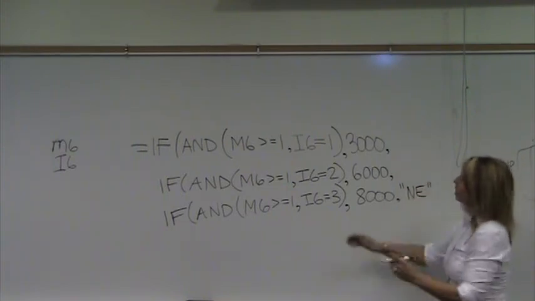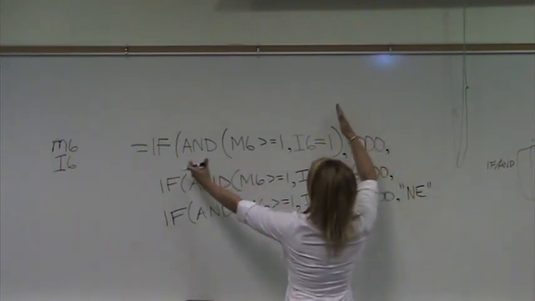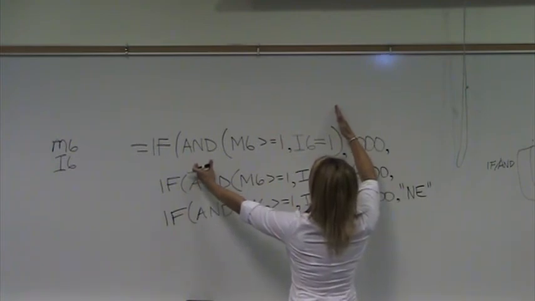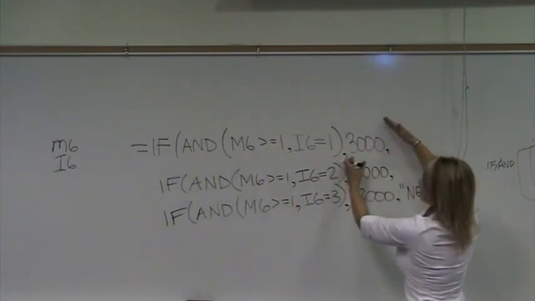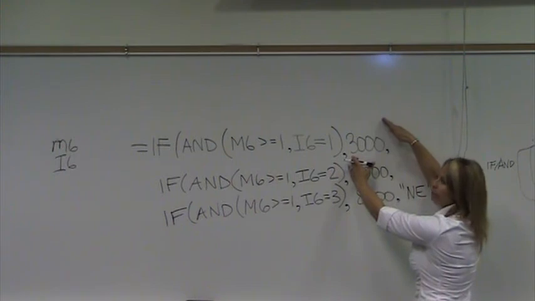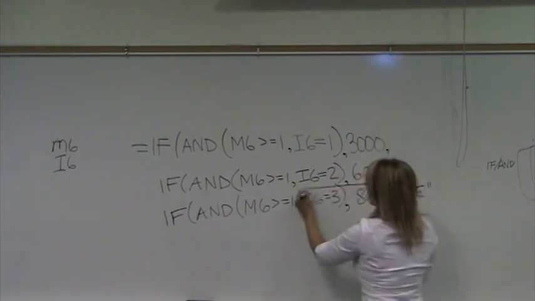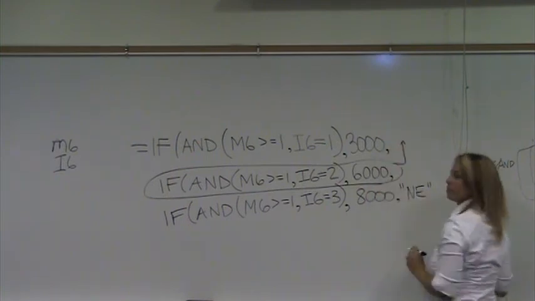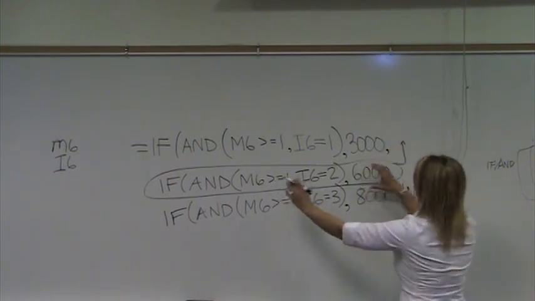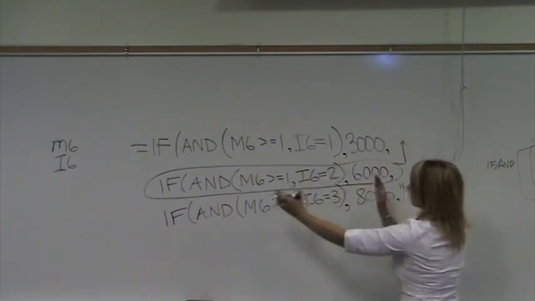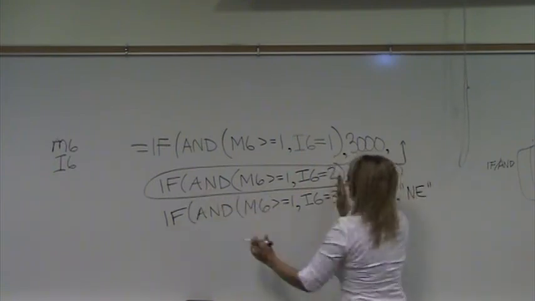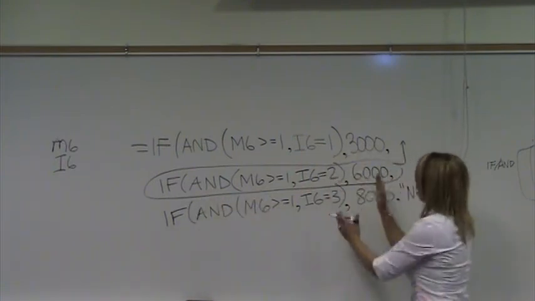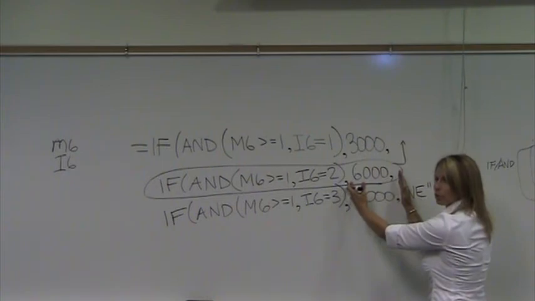Yep. So here we have our first IF function, logical test, our first IF function true value. And remember then, our nested IF goes into that false value here. Okay, so we're moving this up into the false value. We have our logical test number 2, our true value number 2.